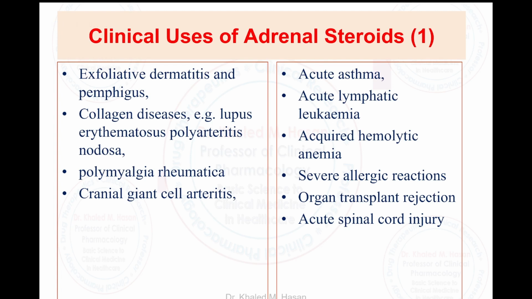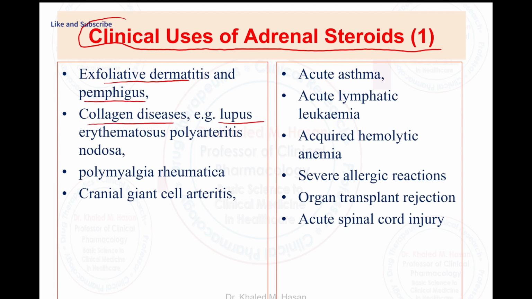Okay, so we are done with the general information about the adrenal glucocorticoids. Here we have a list of clinical cases where we can use adrenal corticosteroids. We can use them for patients with dermatitis, pemphigus, collagen disease, lupus syndrome, polymyalgia, cranial giant cell arthritis.